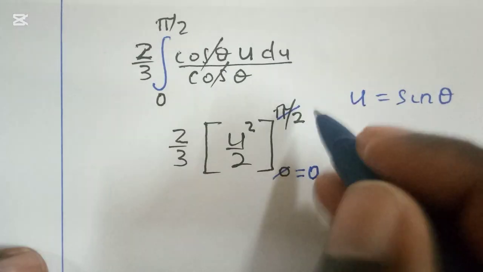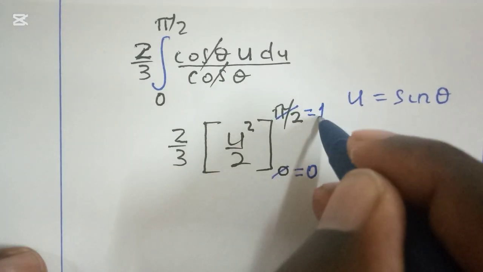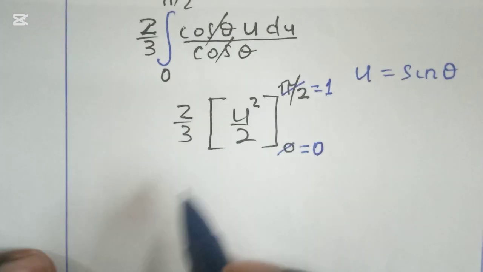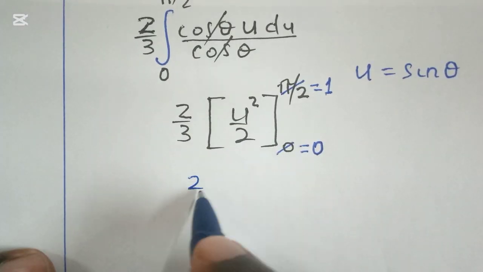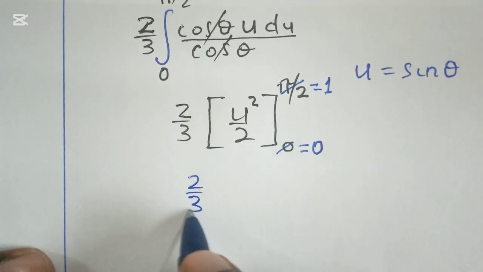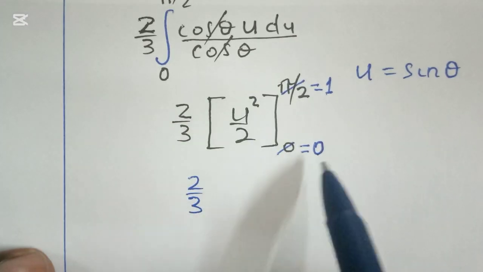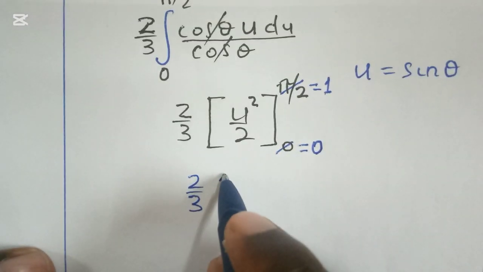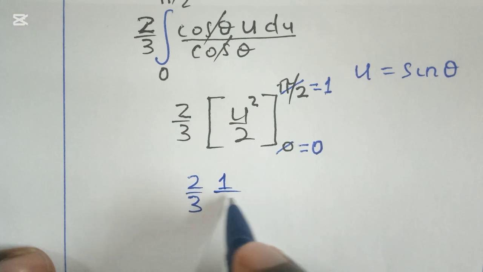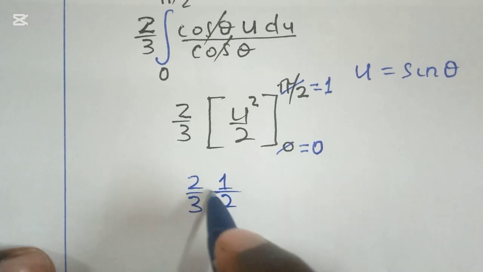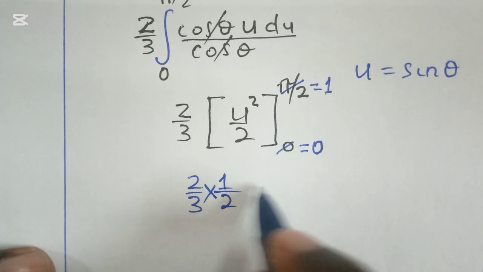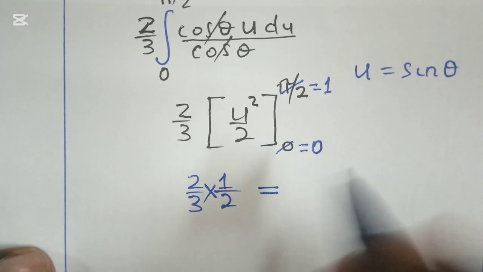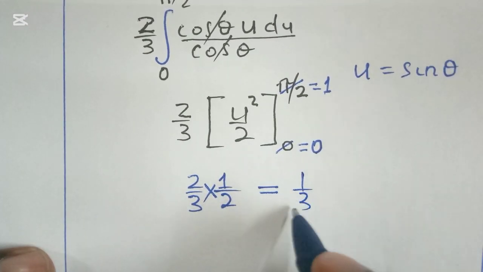So this one is going now to be 1. And so we can replace for that: 2 all over 3. We can now put 0, it's going to be 0. Now we put 1 all over 3, all over 2. So our solution then is going to be that.